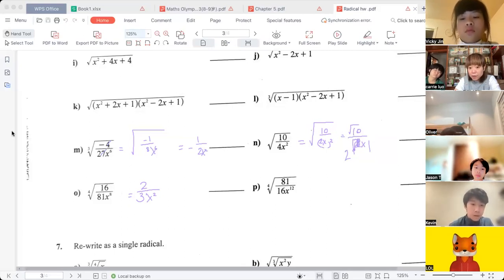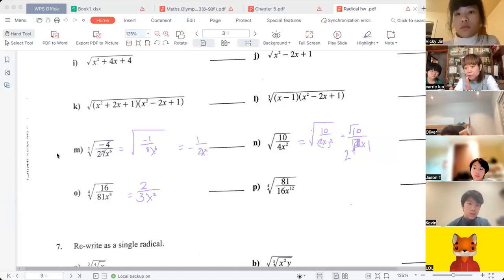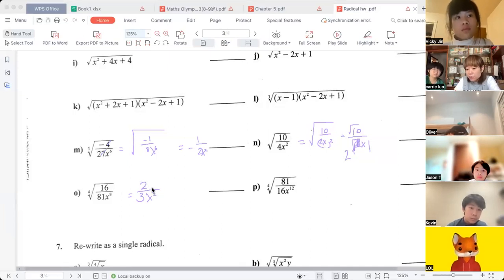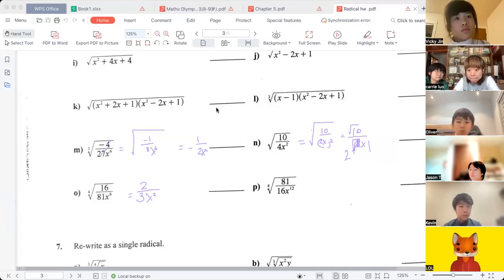If it is not positive, or you're not sure it's positive, you need to put an absolute value on top of it. When is it definitely positive? x squared is definitely positive. But when could it be positive or negative? Power 3 or power 4 or x itself, you cannot identify whether it is positive or negative. Understand everybody?